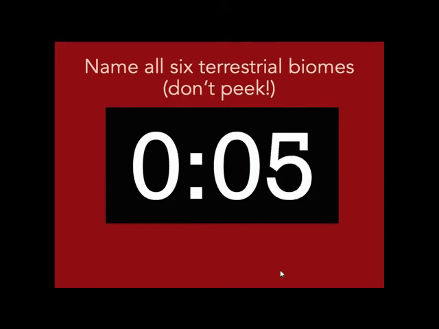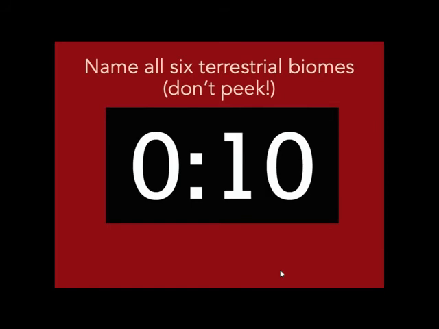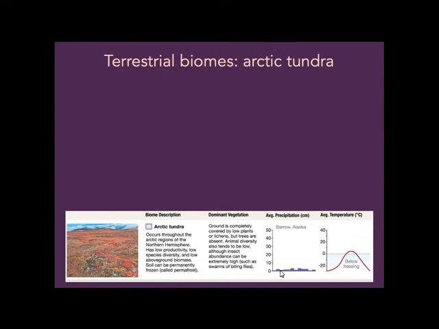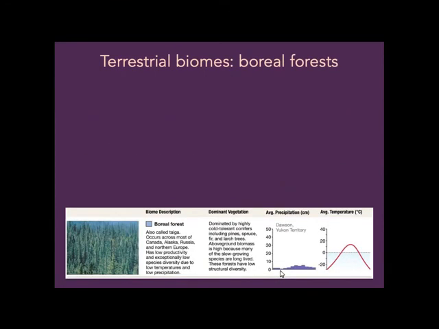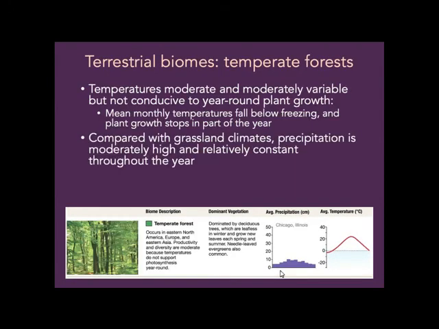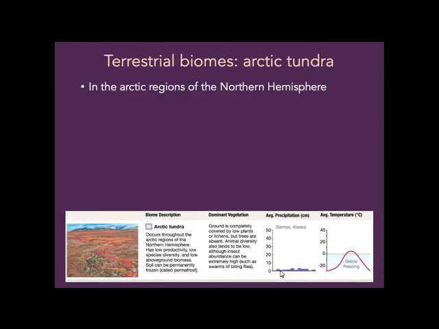No, I think we missed one. We did Arctic, boreal forests. We did temperate forest. We did tropical forest. We did desert. What else did we miss? Wow. Well, we're going to have to go back and look and find out what we missed. Okay, hang on. We got tundra. We got boreal forests. Got temperate forests. Oh, we forgot the temperate grasslands. Oh, shame on us. Okay.